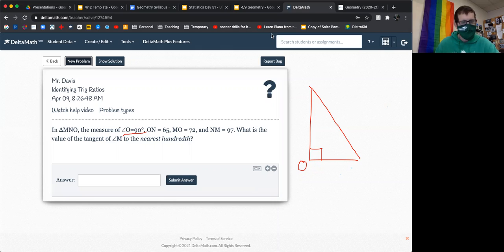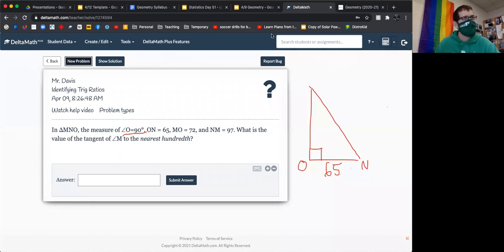Now it doesn't really matter which one we pick. And I didn't bother trying to draw this triangle accurately as far as the side lengths go. So I just drew a right triangle, and that's good enough for our purposes. And I'll just call this N right here. The length from O to N is going to be 65. So I want to label that side length.